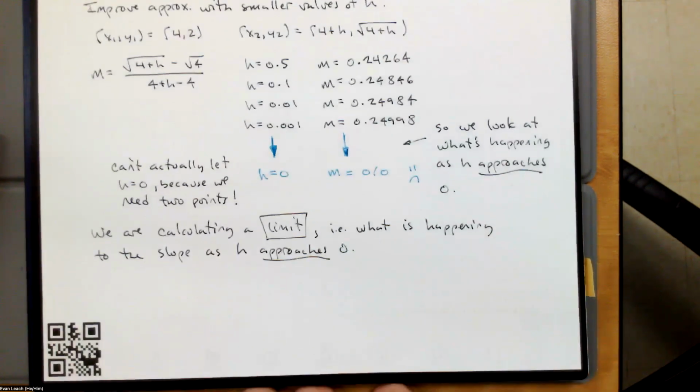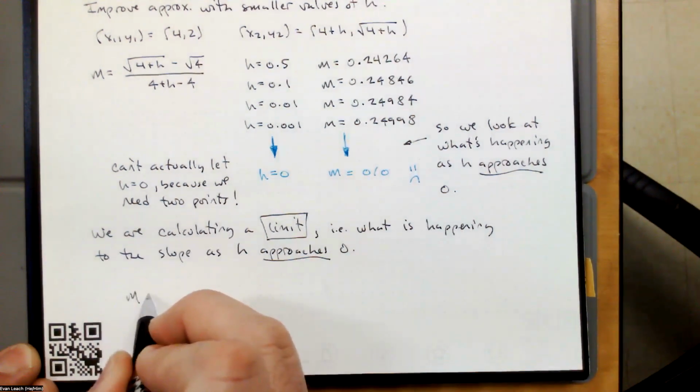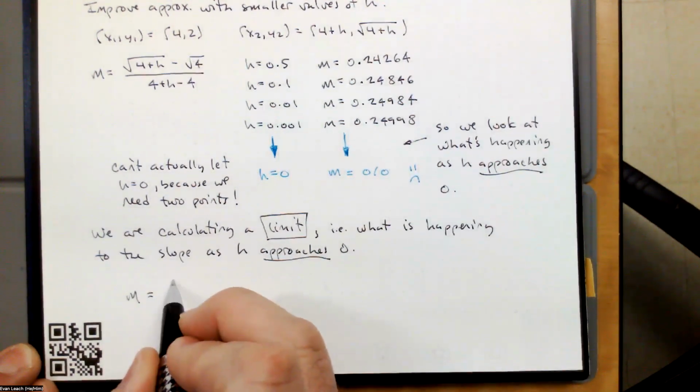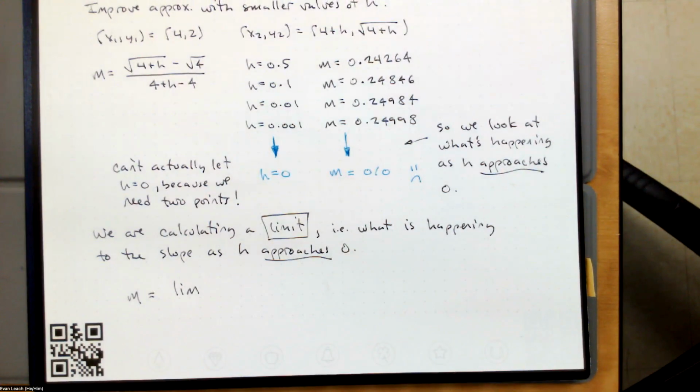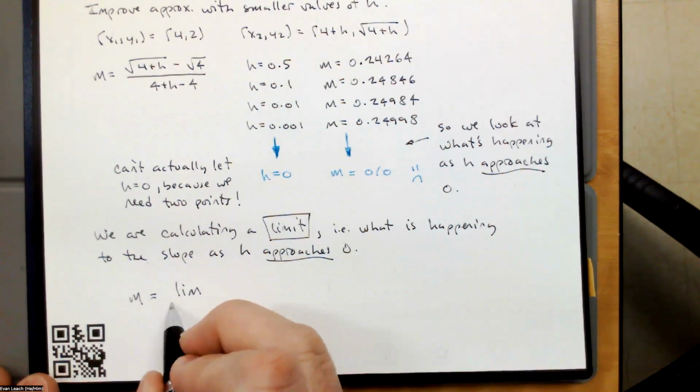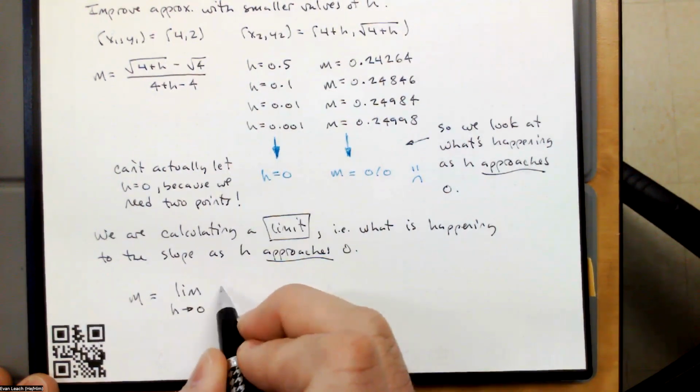We are calculating a limit. The slope of the tangent line is the limit. LIM is our abbreviation for limits. And then we describe what's happening in this limit. We're saying the limit as h approaches 0. So underneath limit, we write h approaches 0 of the expression.